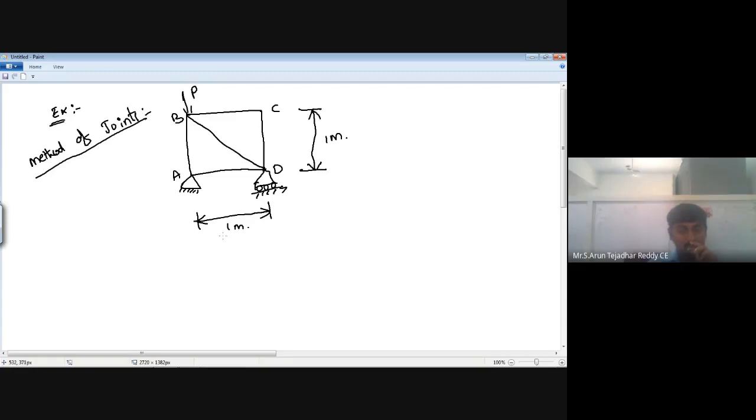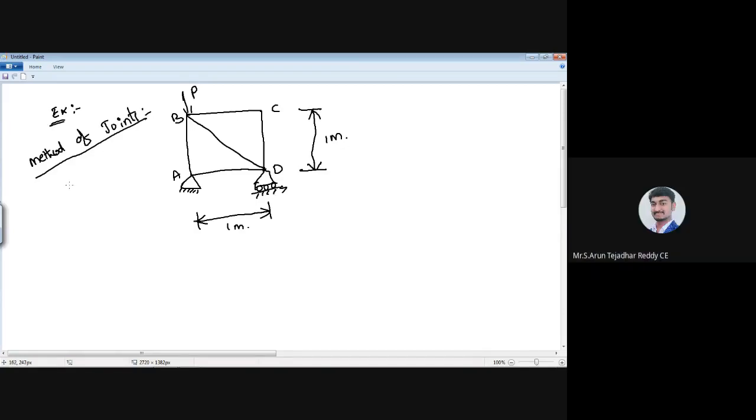Your problem is to find forces in the members, and also continue the question: find the zero force members. Here there are totally two questions.